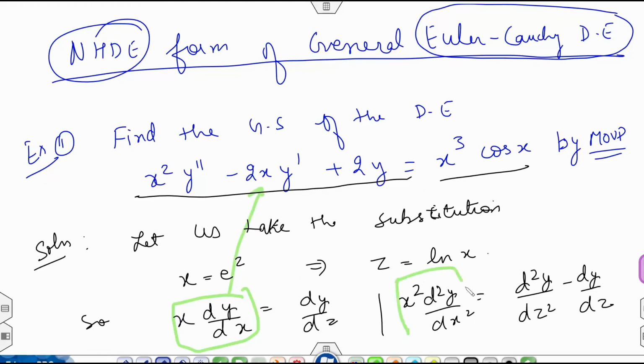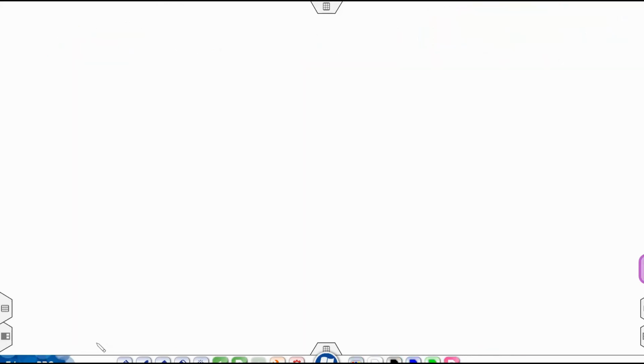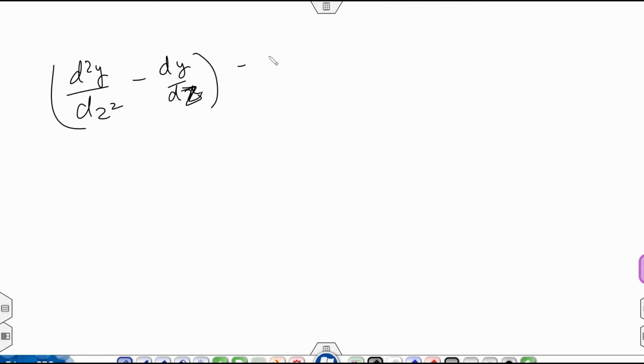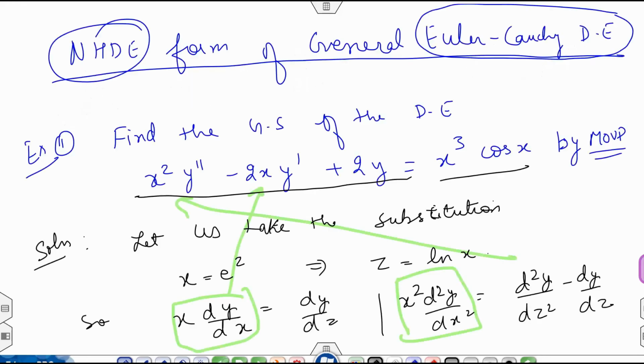So after putting this, we get d square y by dz square minus dy by dz minus 2 dy by dz plus 2y is equal to e to the power 3z into cos of e to the power z. Now see that here also you need to convert the equation.